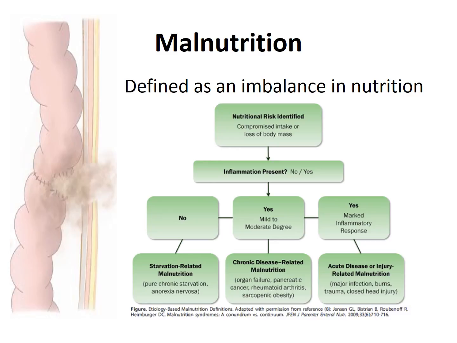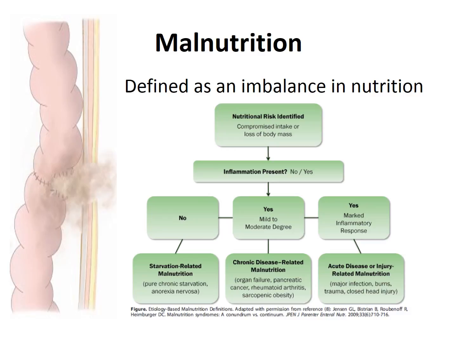Malnutrition may be used in the PES statement. However, it may also be broken down into these 3 categories listed at the bottom: starvation-related malnutrition, chronic disease-related malnutrition, and acute disease or injury-related malnutrition.